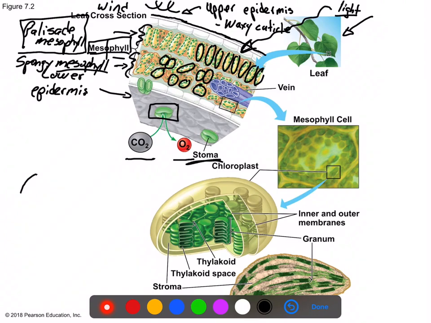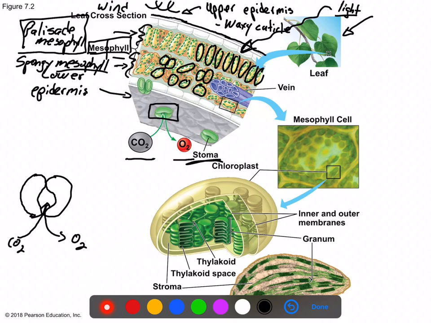I'm going to draw those two cells over here and show you what they would look like when they are opened. They look kind of like kidney bean shaped cells, right? And CO2 would go in and oxygen would come out.